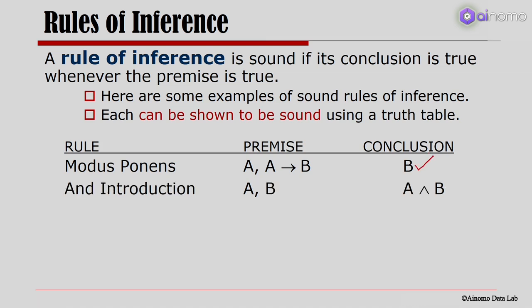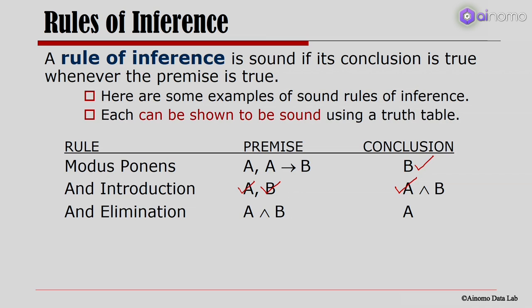The next is AND introduction, which says that in the premise, if I know both A is true and B is true, then I can conclude A and B. The third of the rules of inference is AND elimination.